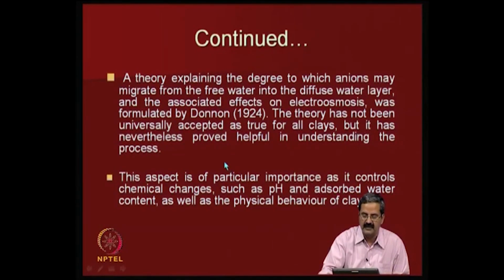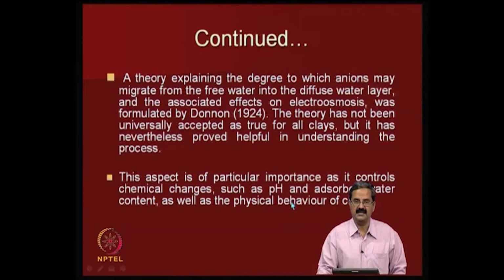There could be some difficulties because it was formulated last century, but the understanding that it gave was quite useful in understanding this phenomenon of stabilization of soils using electrokinetic mechanisms, because it helps in controlling the chemical changes. There are a number of variables here: one is the pH of the water, then the adsorbed water content, and also the physical behavior of clay.